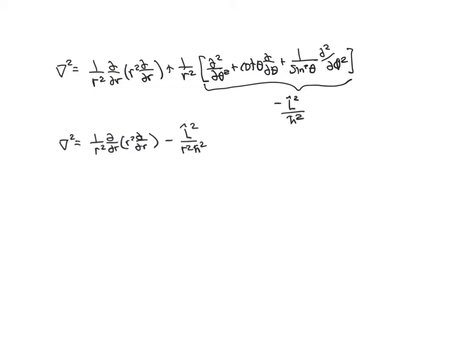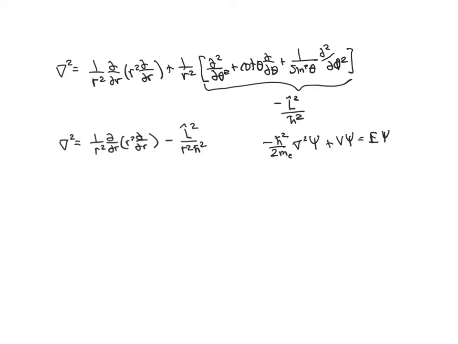So now when we write our Hamiltonian, remember that we want minus h bar squared over 2 times the mass of the electron, del squared psi plus V psi equals E psi.